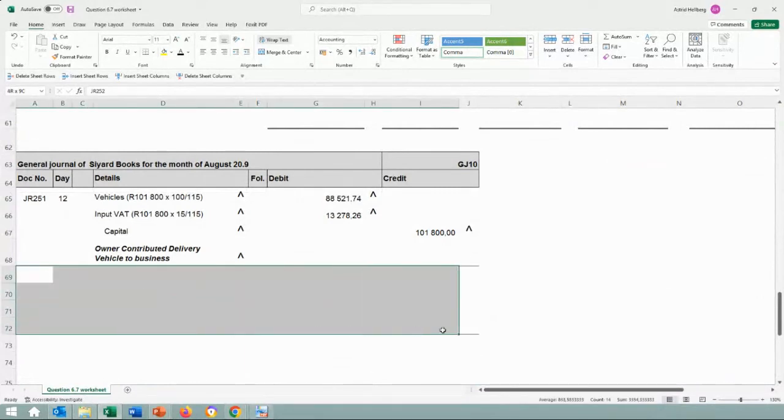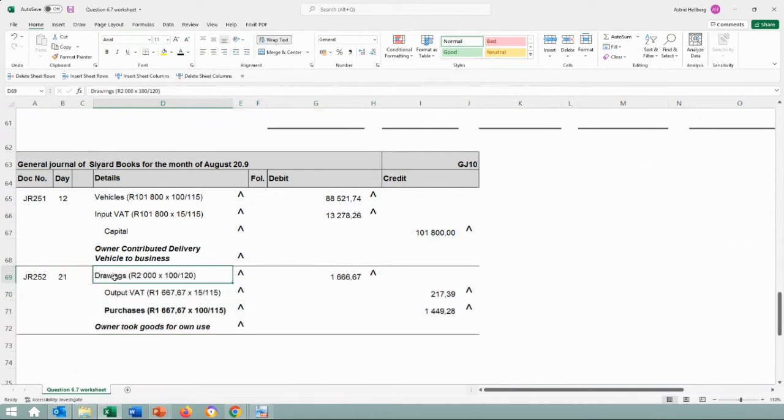Okay, so how we capture that transaction is as follows. Drawings would be the 2,000 times 100 over 120. So we're converting the sales price back to the cost price. Because of the fact that we were allowed to claim input VAT on it, the owner, when we take out the inventory for our own personal use, has to pay output VAT to SARS.